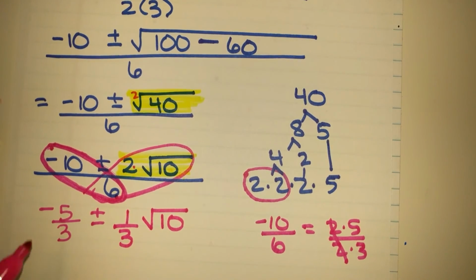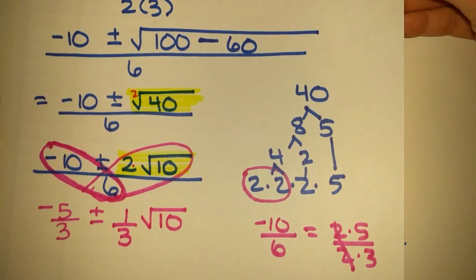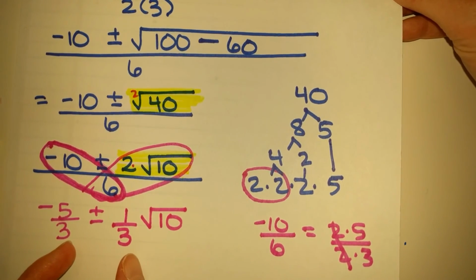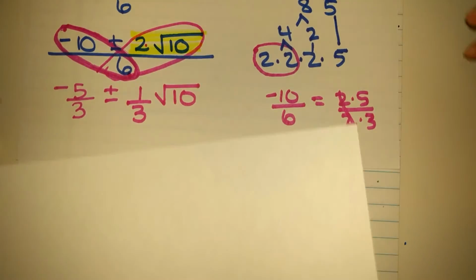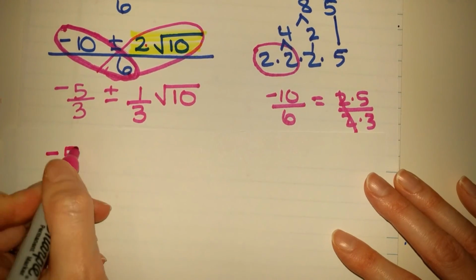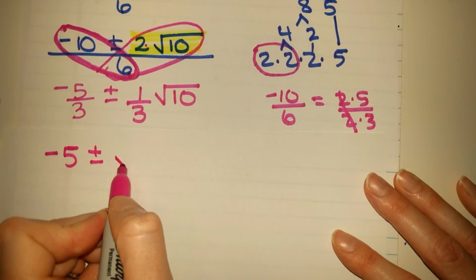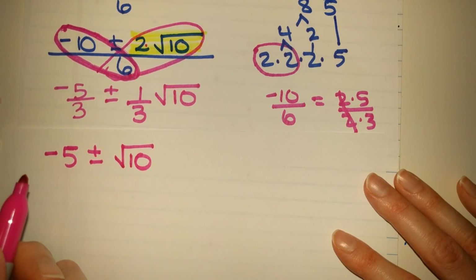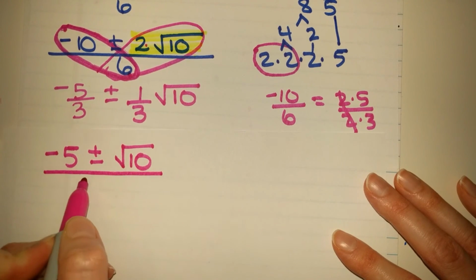Now, you can break it up into 2 separate terms, but when you look at the answer choices, they have combined it into one fraction. And we can do that because we have a common denominator here. So this will become negative 5 plus or minus square root of 10. And I don't have to put the 1 there as a coefficient because it's understood. And then that will all be over 3.